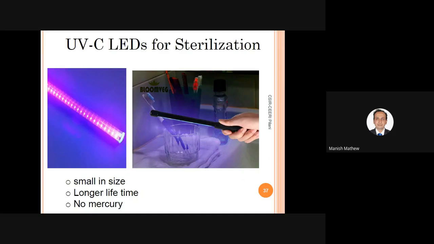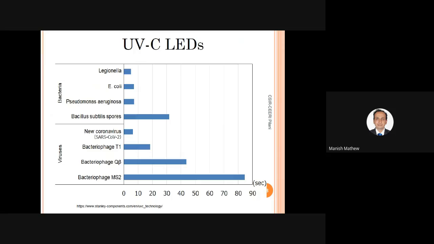Now, if we look at the deactivation time, how much exposure and how long we should expose a particular area to disinfect the surface. If you look here, these are bacteria like Legionella.